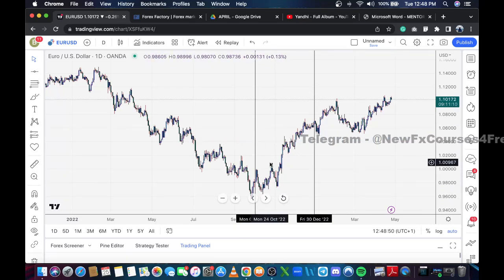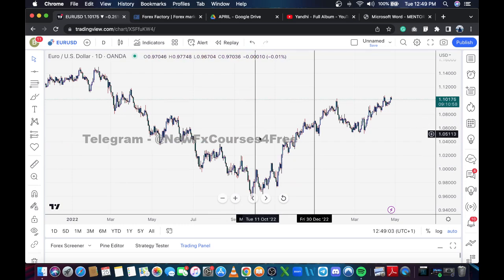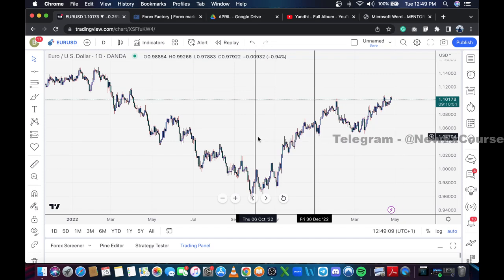The IPDA, the interbank price delivery algorithm, has data ranges that it works within, and by going into the market with that understanding, we can have a cleaner understanding of price. An exercise I'd like you to do: if we talk about an algorithm, we're essentially talking about a program, and programs run off of data.